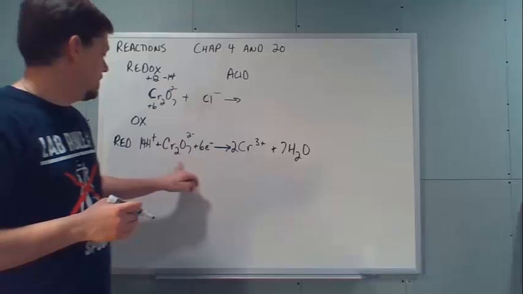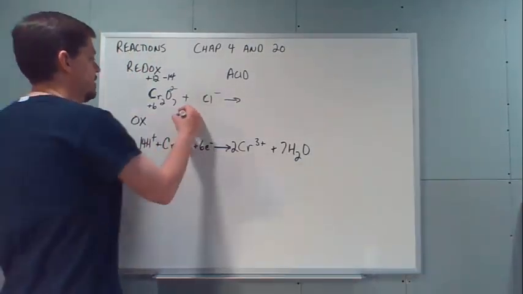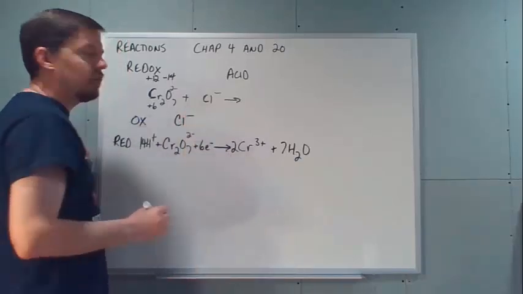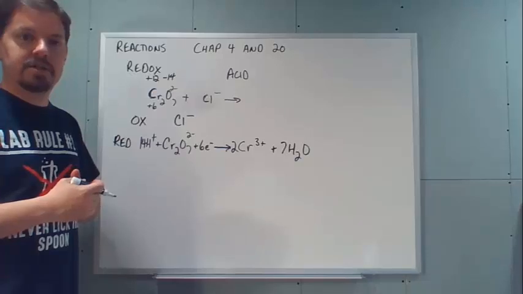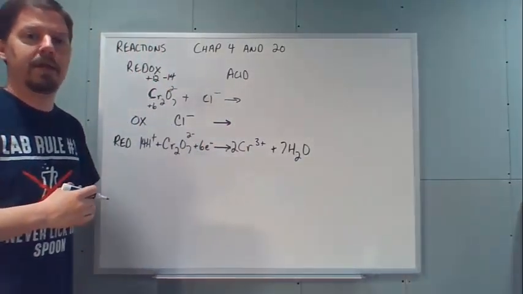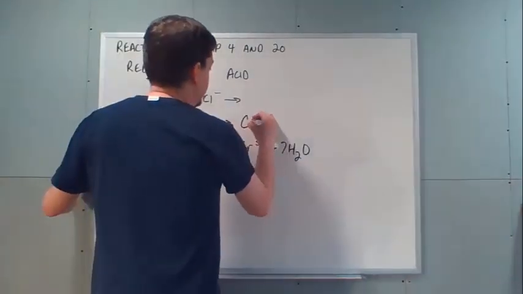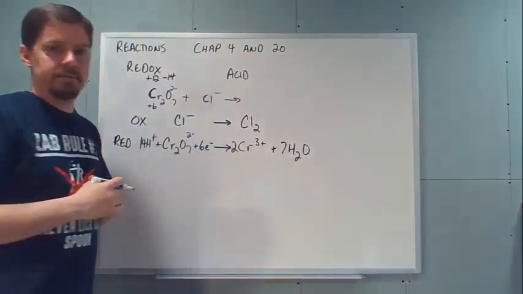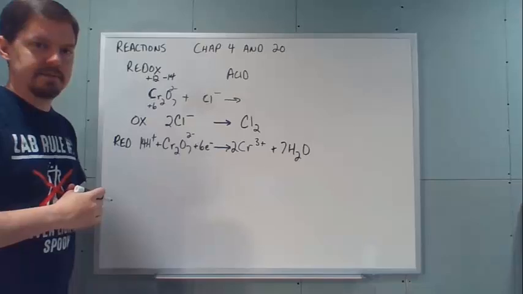So now that I know that this is my reduction, I can go and do my oxidation, which is going to be my chloride oxidizing, having its charge go up. Well, what is the next charge up from -1? Well, it's 0, which means I'm going to end up making chlorine, which means I'm going to have to do this twice.